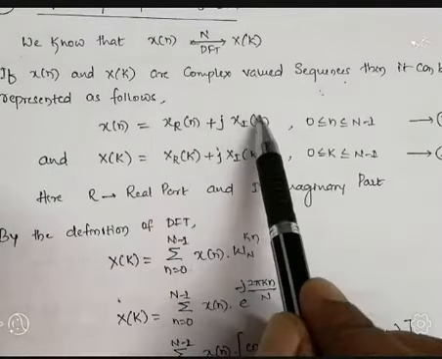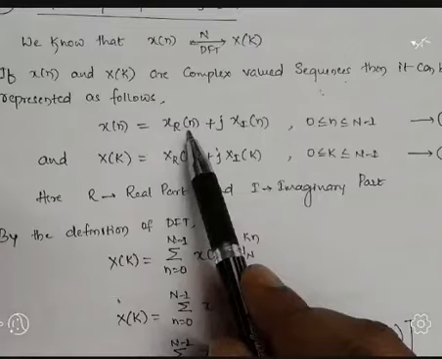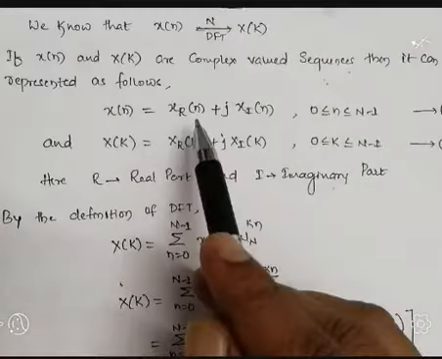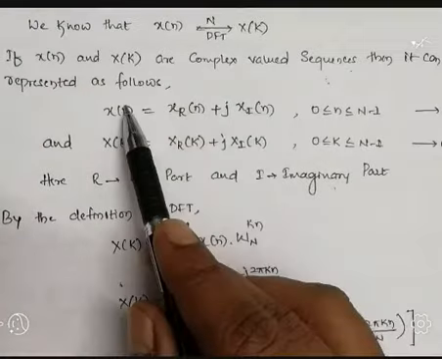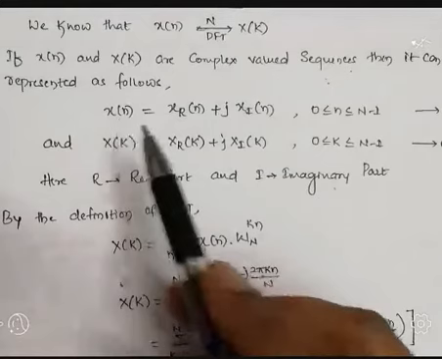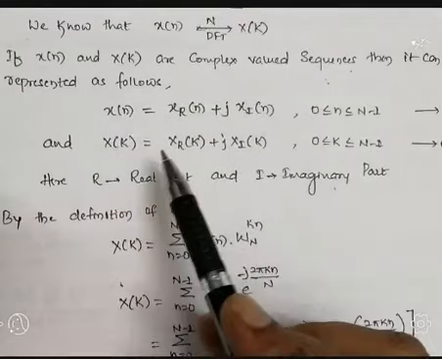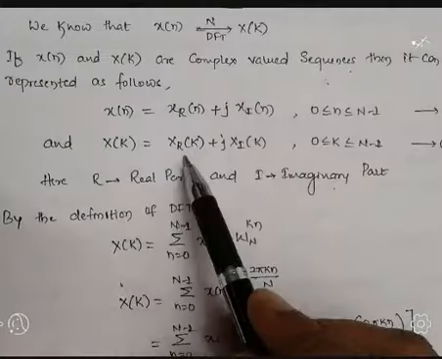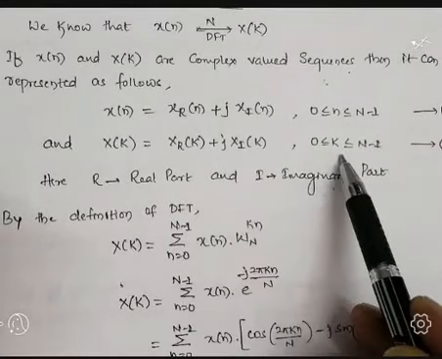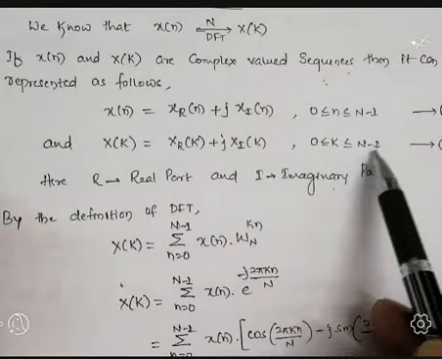Here x R of n indicates the real part of x of n, x I of n indicates the imaginary part of x of n. Similarly, x of k equals x R of k plus j x I of k, where k varies from 0 to N minus 1, represented as equation 2.